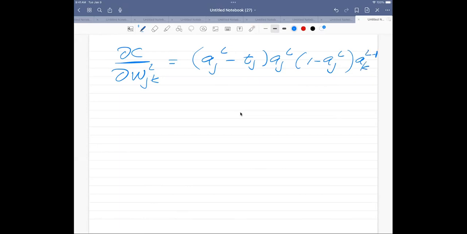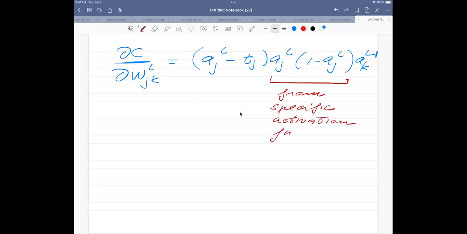There should be a minus 1 here. So let me just highlight some of these terms. So this comes from the specific activation function. So if you have another activation function, you would simply have to calculate the derivative of that one.